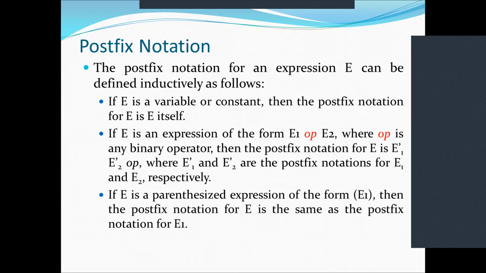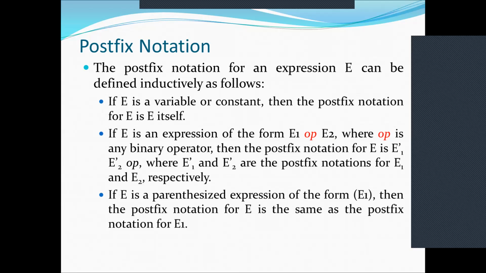The postfix notation for an expression E can be defined inductively as follows. These are the rules of postfix notation, or the steps for writing in postfix notation. First, if E is a variable or a constant, then the postfix notation for E is E itself.